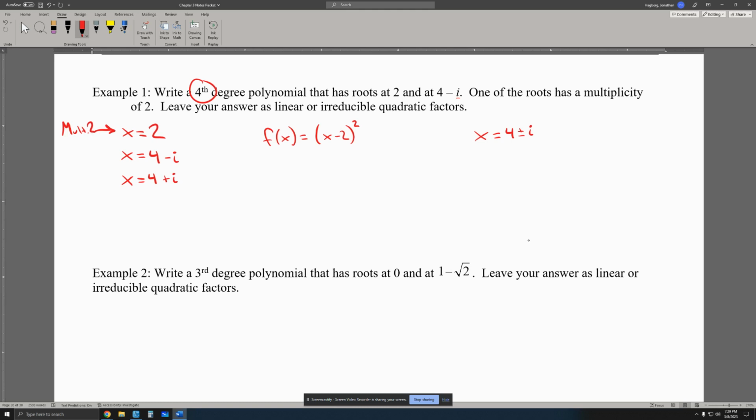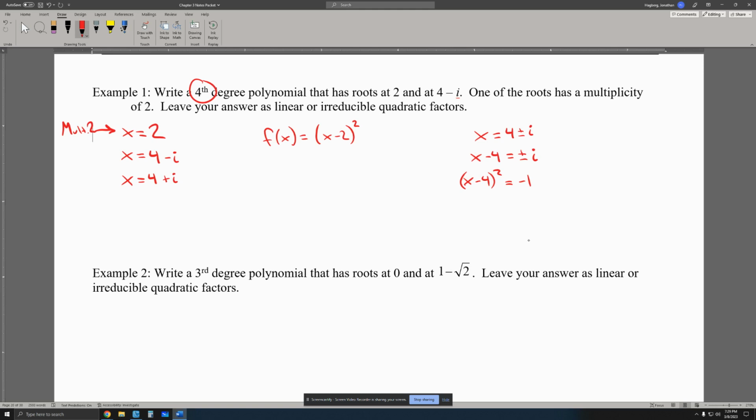So therefore, I'm going to try to get this equal to 0. First things first, I'm going to subtract 4 from both sides. So we have x minus 4 is equal to plus or minus i. I'm going to get rid of that i by squaring both sides, and we get the quantity x minus 4 squared is equal to the square of i, which is negative 1. Remember, i is equal to the square root of negative 1, so therefore i squared is equal to negative 1.